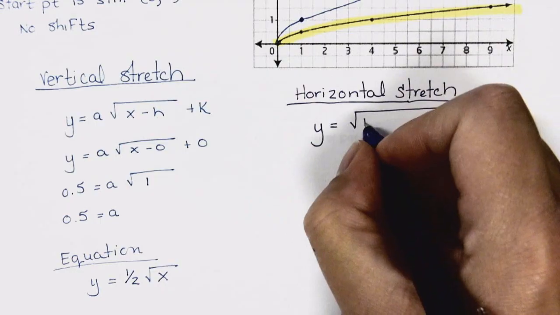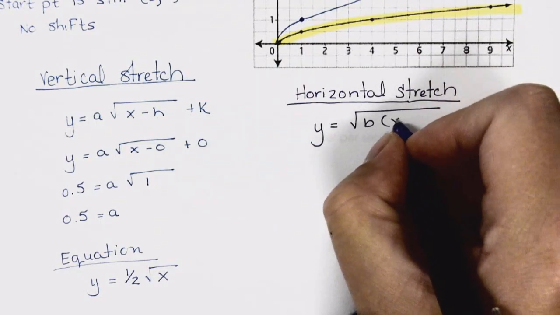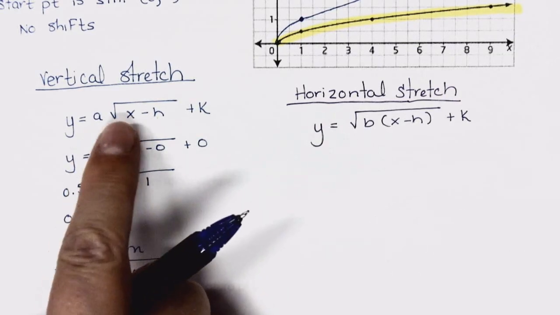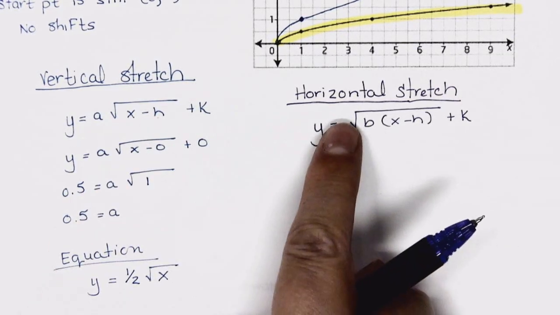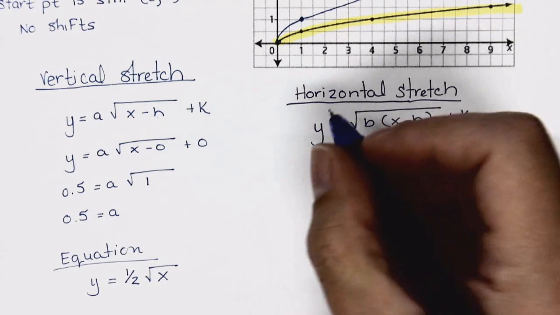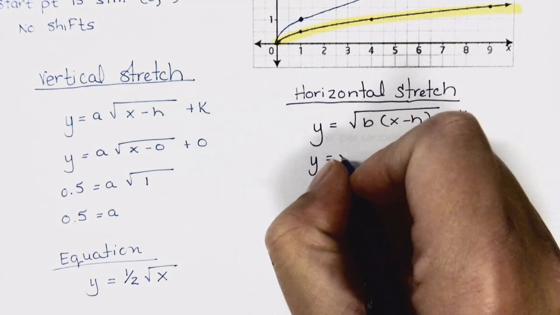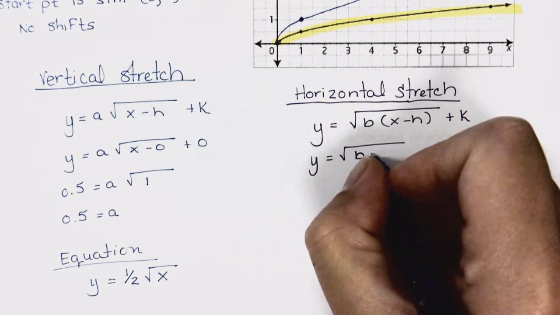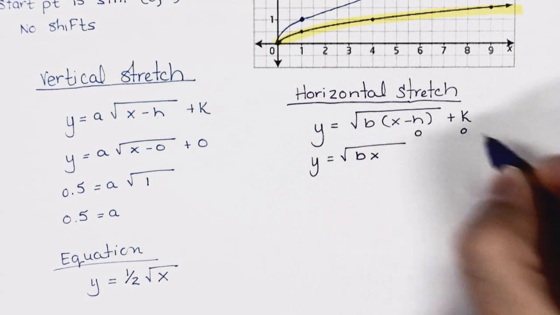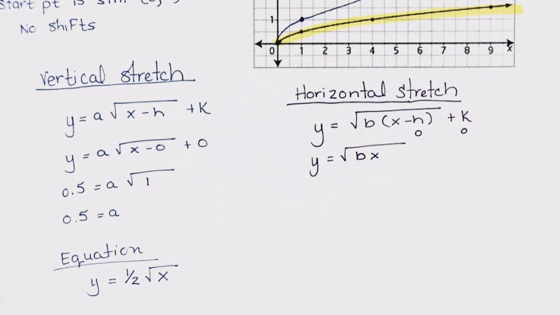B. Notice I left off the B in the last one, and I'm leaving off the A in this one, because I just want it to be a horizontal stretch. There are no combo stretches here, one or the other. So y equals, are you guys okay if I just jump to that? Because we know these are 0 and 0. Is that okay with everybody?